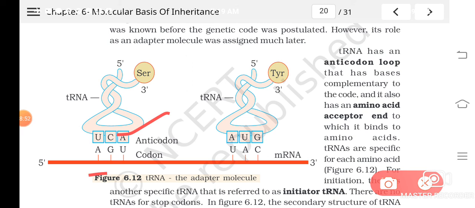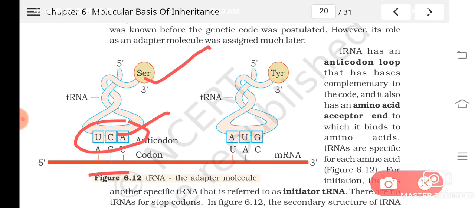For example, if the codon is AGU, the anticodon here will be UCA. So there should be an anticodon loop complementary to the codon, and an amino acid acceptor site, where the amino acid should be joined.